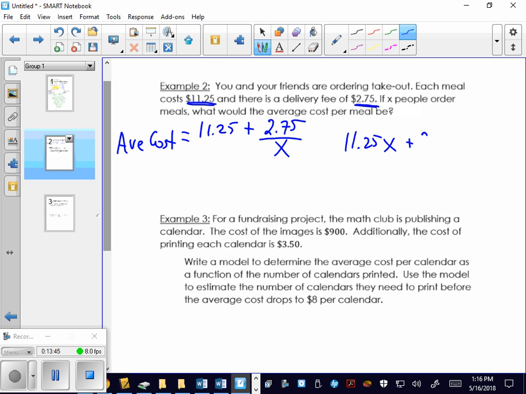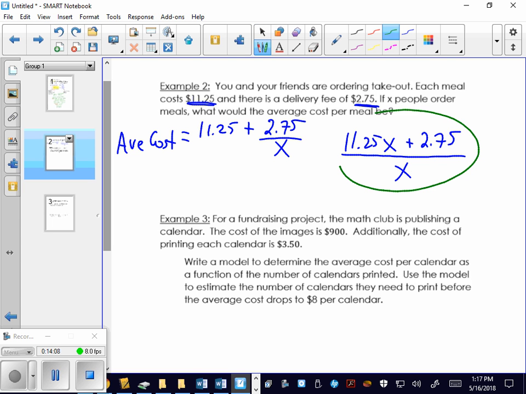We're going to have to add this delivery fee. $2.75 is the fixed charge, the $11.25 per person. That's the cost of the whole meal. If we wanted to figure out what the average cost was, we would take that whole thing and divide by x.